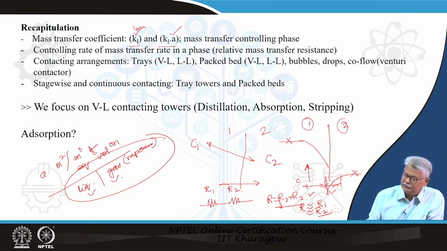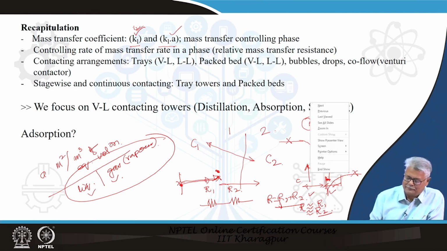There is another thing you have to do. Even if it diffuses from one phase to the other, in order to go to the bulk it has to move over a distance. It starts from here and it has to move here, and this also is a path in which there is a resistance. It is not that it just enters the interface of the second phase; from there it has to diffuse to the bulk.